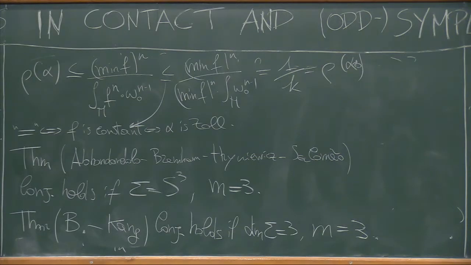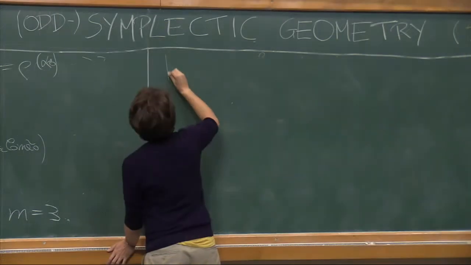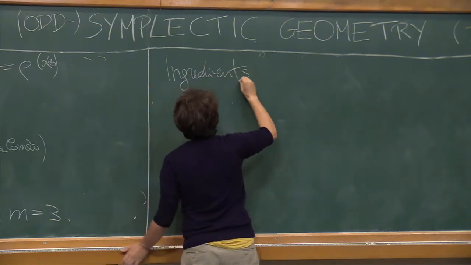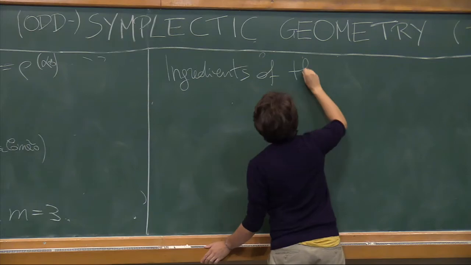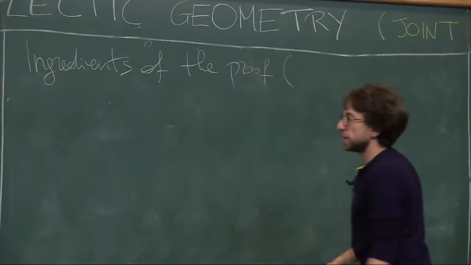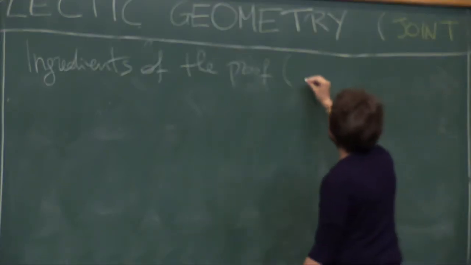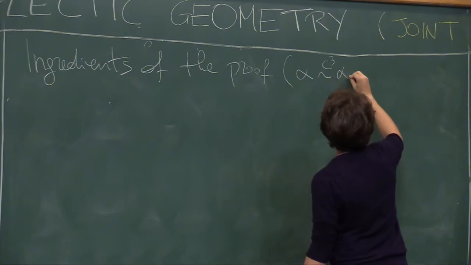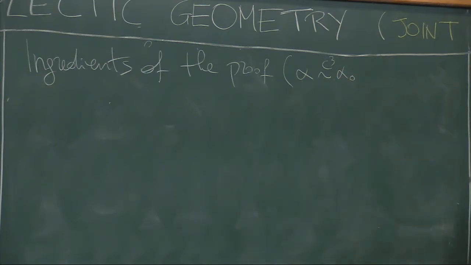Ingredients of the proof. Remember that we are considering now a contact form alpha, which is C3 close to our Zoll contact form alpha naught.